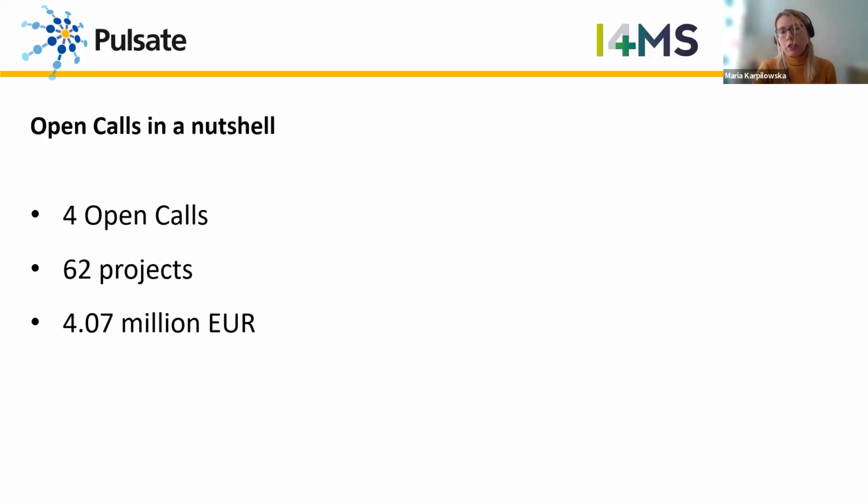Under the whole Pulsate project, we've had 4 open calls. We provide support to 62 projects, and we support them with just over 4 million euro funding. You can find more information about Pulsate calls under this address that you can see at the bottom of the screen.